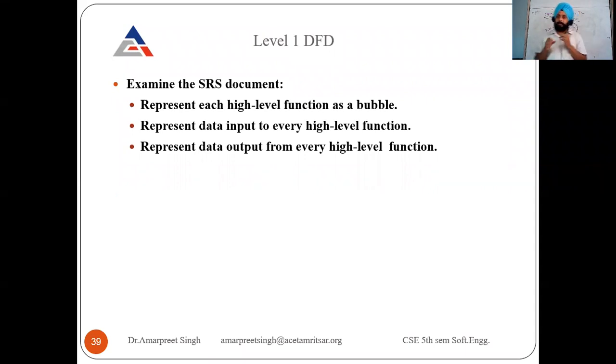So how is the level 1 DFD made? First we examine the SRS document. We represent each high level function as a bubble, represent data input to every high level function, and represent the data output from every high level function. If we want to make the level 0 DFD of any project, we go to the SRS, see the main functionality, and represent it as a bubble.